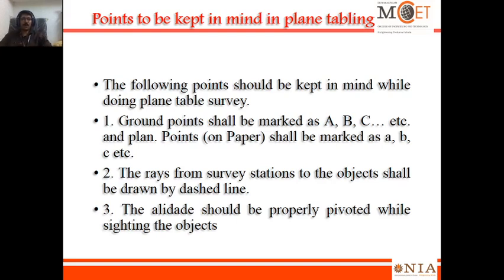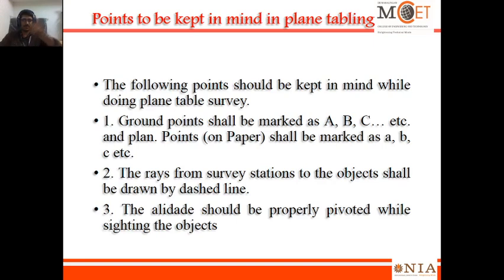And what are the points to be kept in mind while doing plane tabling, right? All the ground stations should be marked as capital letters, and the same points marked in the sheet, the map, or the paper will be in small letters. This has to be kept in mind. The rays from the survey station to the object shall be drawn by dashed lines.